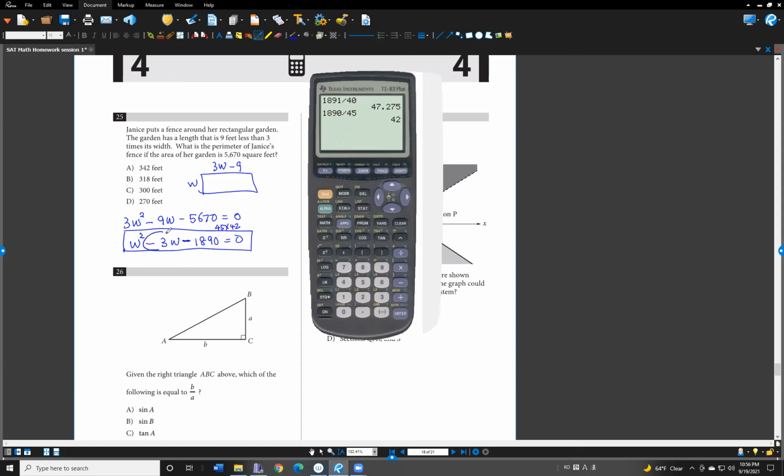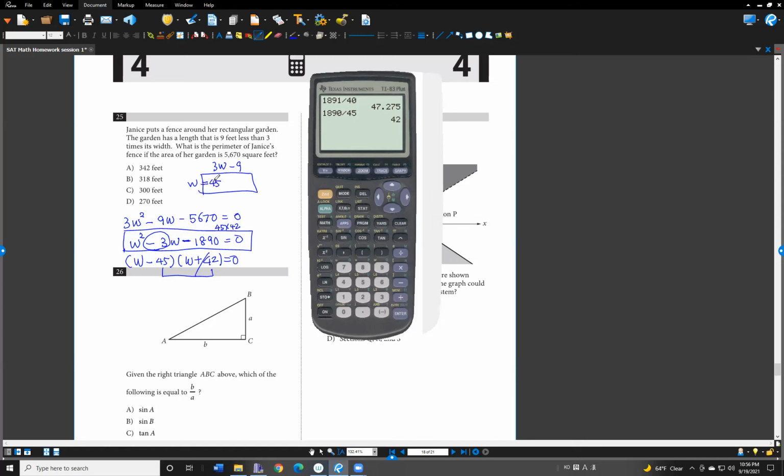But this number is negative. You can factor this one: (W minus 45)(W plus 42) equals 0. That's the factor, because the difference is 3, negative 3. So W equals what? 45, it can't be negative. Okay, this is not good. So W equals 45.